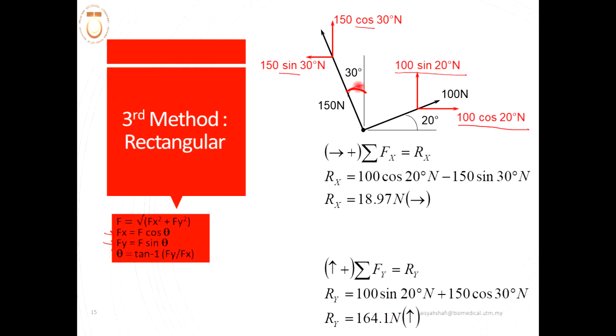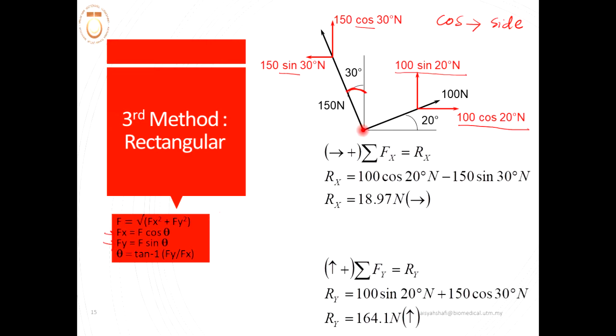The angle is 30 at the y-axis. So that means the cos is to get the force at the B side, that means at the side of the angle. So this is 20. At the side of this angle you can use cos. Same like this.